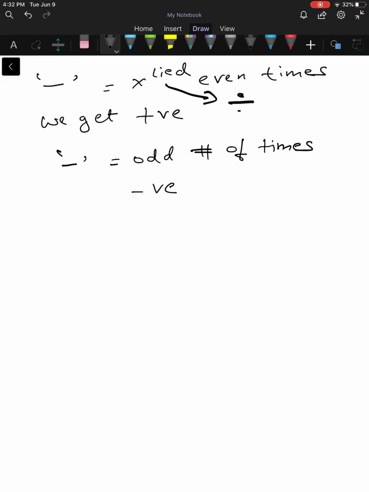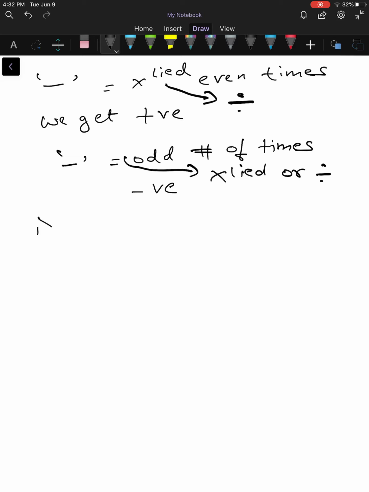And again here, multiplied or divided an odd number of times, we will get a negative sign. So this is very important. You will see why and how. So let's get into solving nonlinear inequalities.